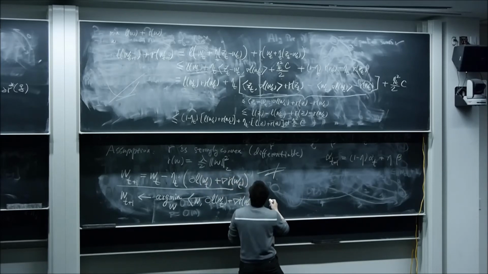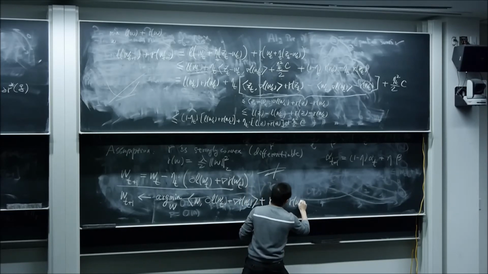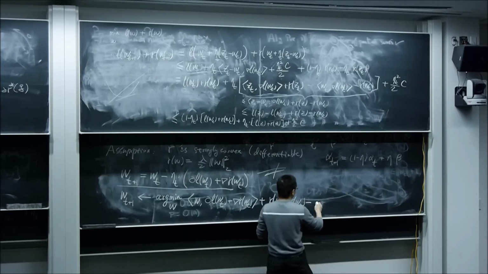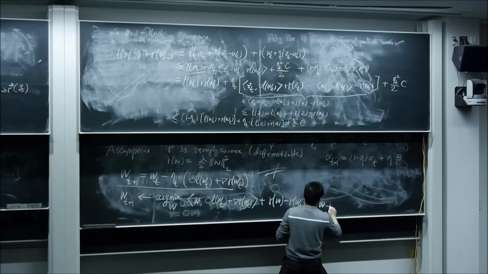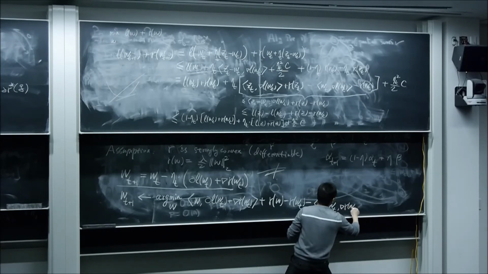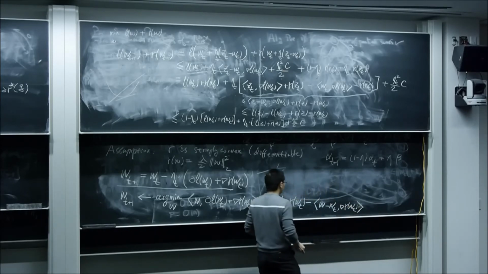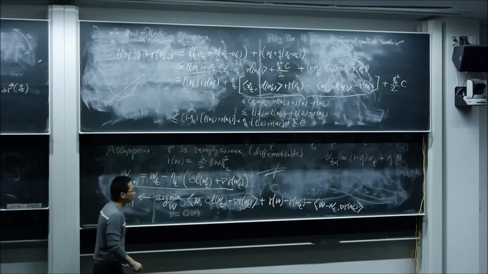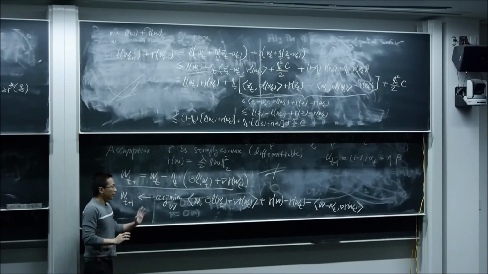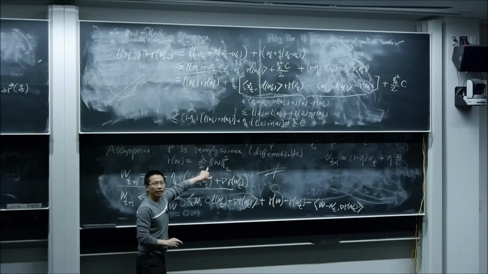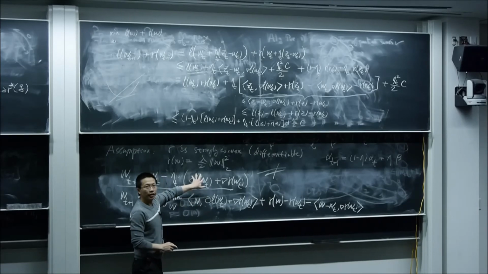The quadratic term turns out to be the Bregman divergence induced by R: R(W) minus R(W_t) minus the inner product of W minus W_t with the gradient of R at W_t. Okay? If R is this thing here, this is exactly that.